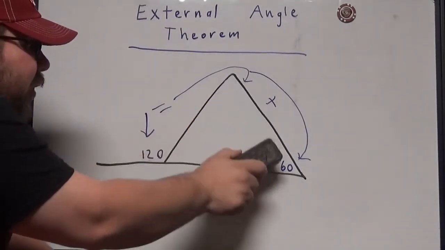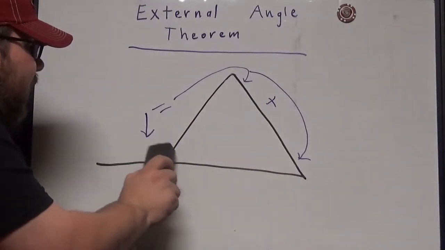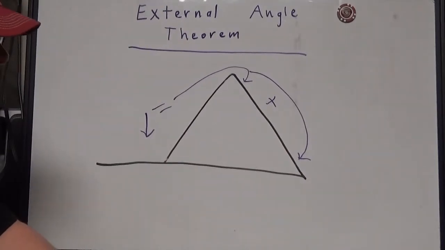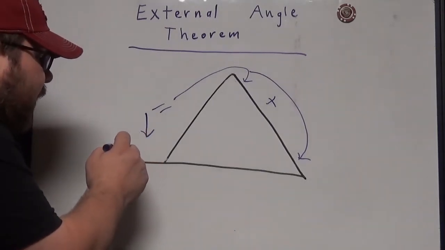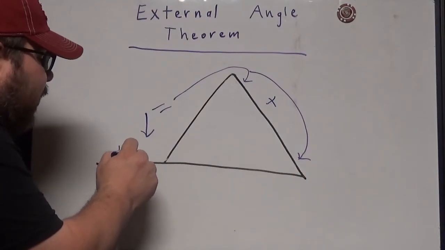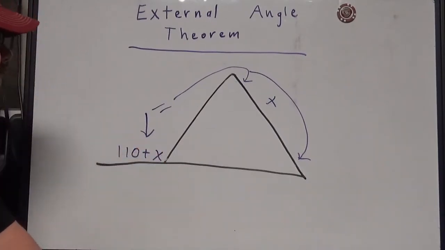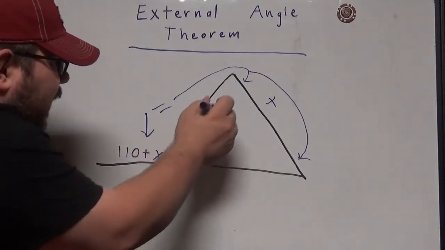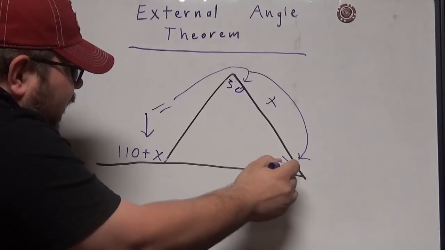I'll erase them and write new values in, okay? Let's pretend that instead of being an equilateral triangle, we'll make it something different. We'll pretend that the numbers are different. Out here, I'm going to put 110 plus x, and then I'm going to do a 30 and a 70.